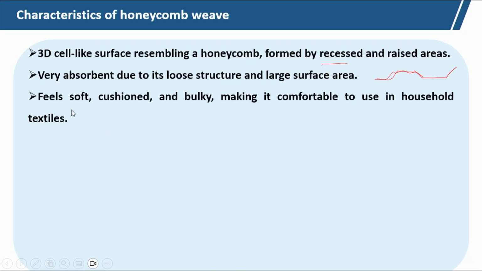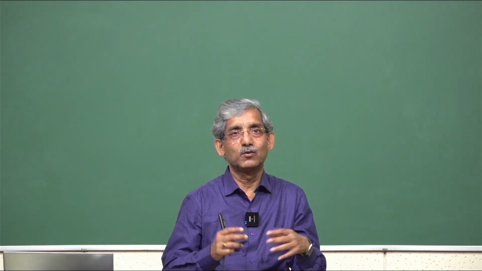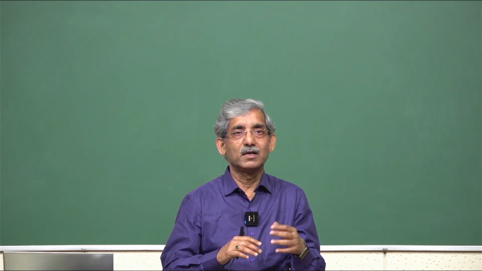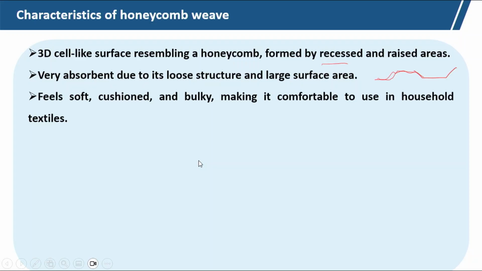It feels soft and cushioned due to the 3D structure, bulky, making it comfortable to use in household textiles like towels. Honeycomb weave is very common in towels, because due to this loose structure it absorbs water quickly.